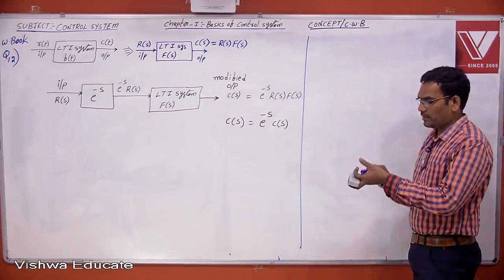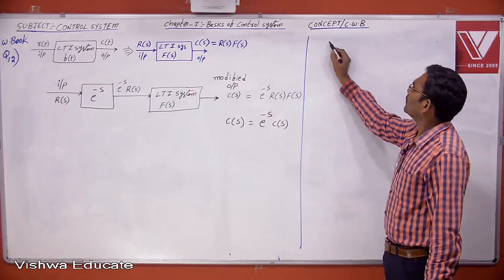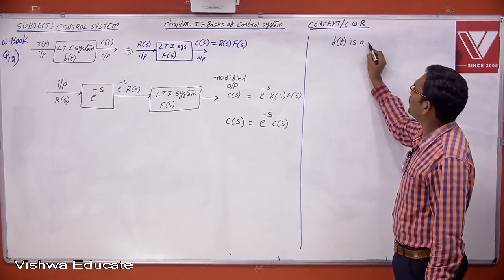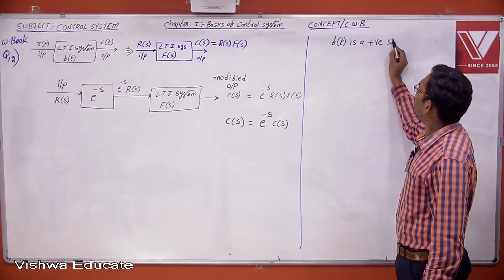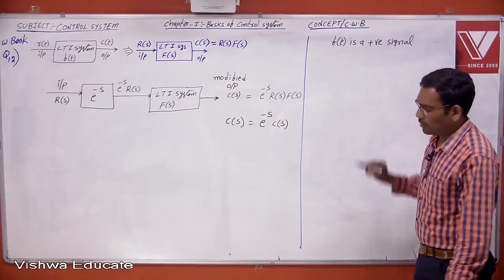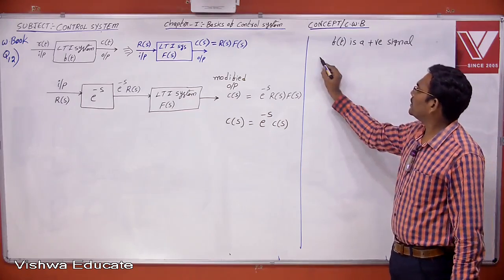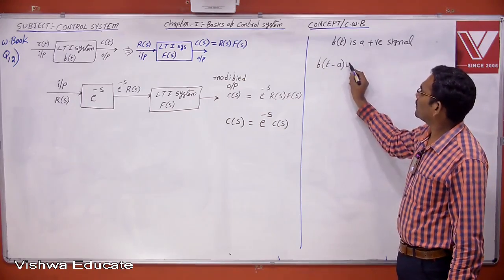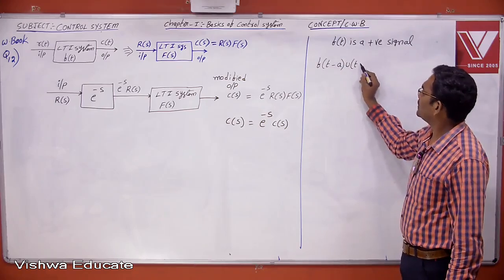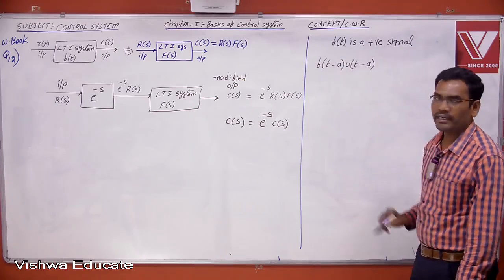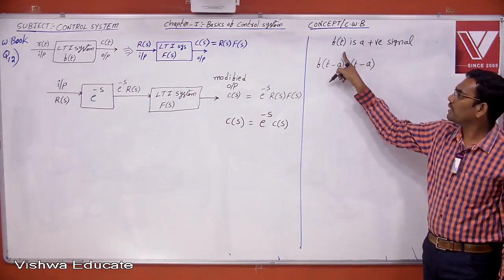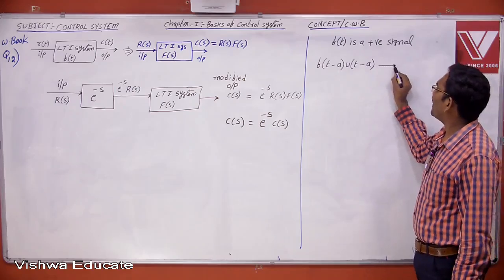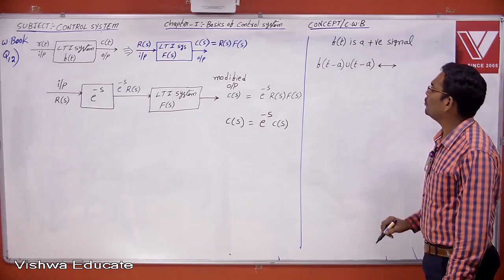Now see here, this is one formula. f of t is a positive signal, u of t multiplied with f of t. If this positive signal is delayed by an amount of a units, then whose Laplace transformation is?